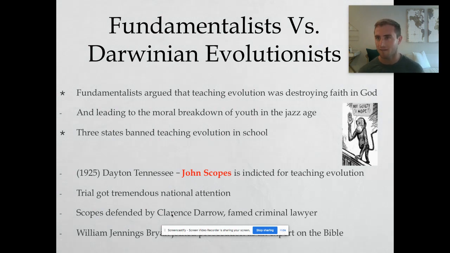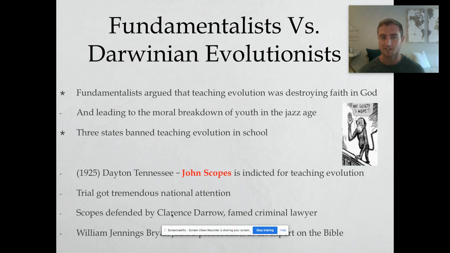And now we have the rising idea that evolution is a real scientific fact, and so we have these really intense debates over whether or not you are allowed to teach evolution in schools. Now, more and more states are embracing evolution, but there are some states, all in the Bible Belt, the Midwest and the South, that are still resisting the teaching of evolution in schools.